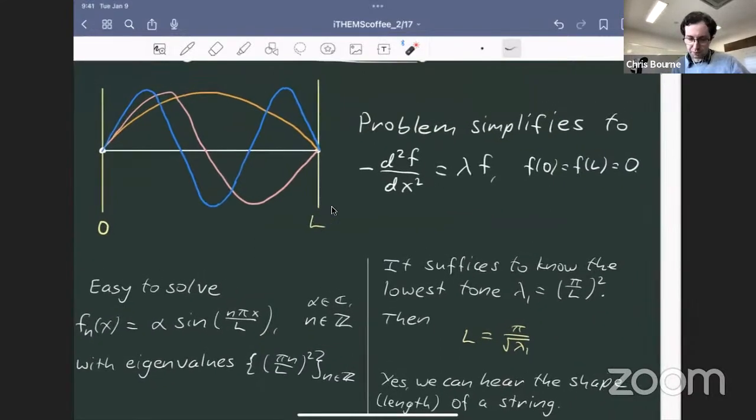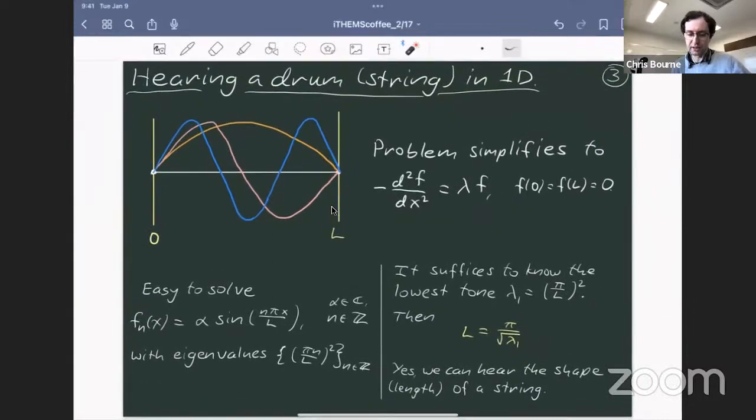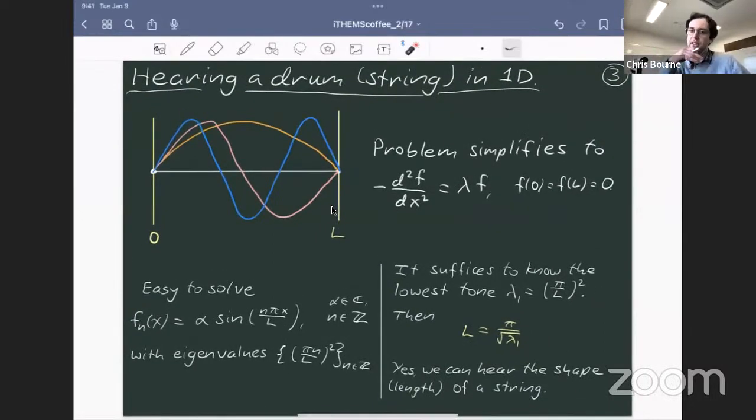So we want to hear the shape of a drum, or if you like, a string in 1D, but what is the shape of a string? The only information that we have is the length in terms of its geometric shape. But so long as we know just the lowest tone, or the lowest non-zero eigenvalue, then we know what it looks like.